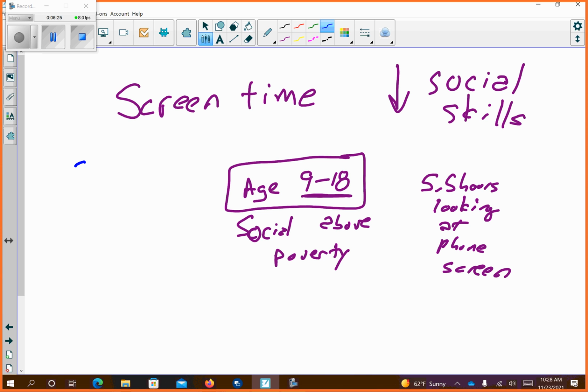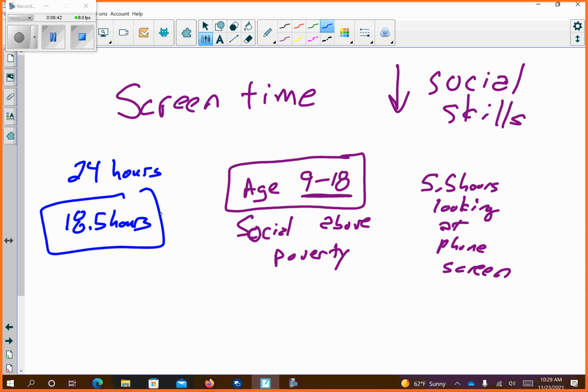So friends, there's 24 hours in a day. Agreed? So that means 18.5 hours a day are being spent not looking at a screen on average. But you're only awake for like 12 hours. Yeah, so let's say you get 9 hours worth of sleep.